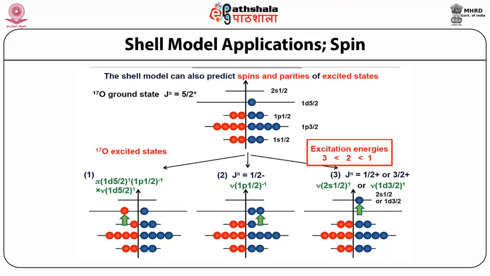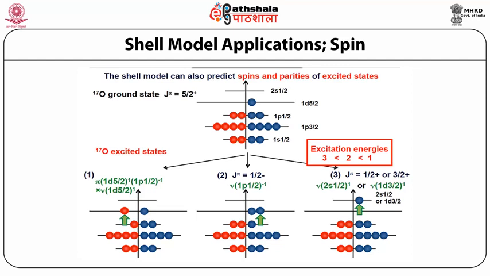If we see how much energy is needed to make these excitations, it turns out that the excitation energy required to excite oxygen-17 via these three modes varies as third is less than second is less than first. So, it is very easy to excite the oxygen-17 nucleus via the third mode. The second preferred mode is the second, and the least preferred mode is the first.